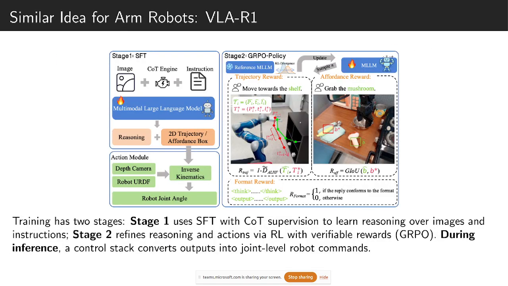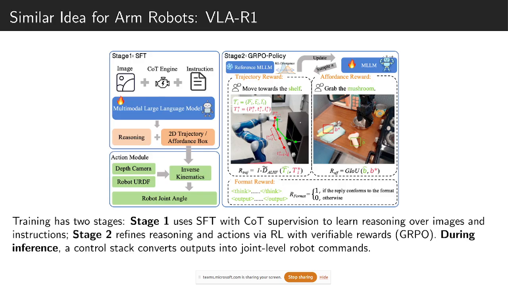The similar idea applies to ARM type robots. It's just a different optimized goal, same motivation but different objectives. For example, for a VLA model for ARM type robots, you are focusing on two perspectives.